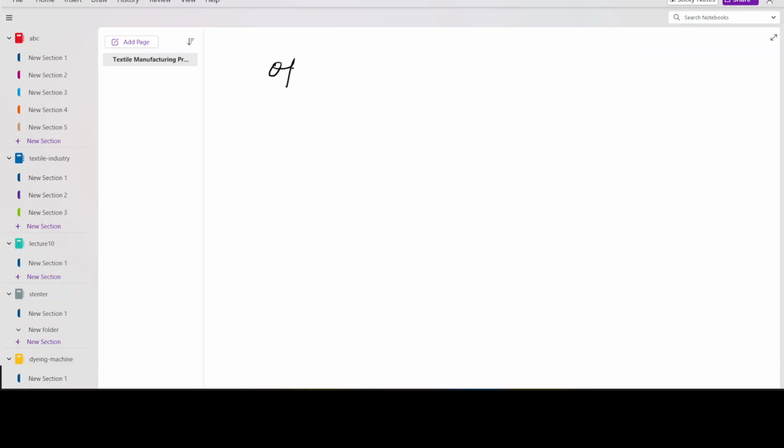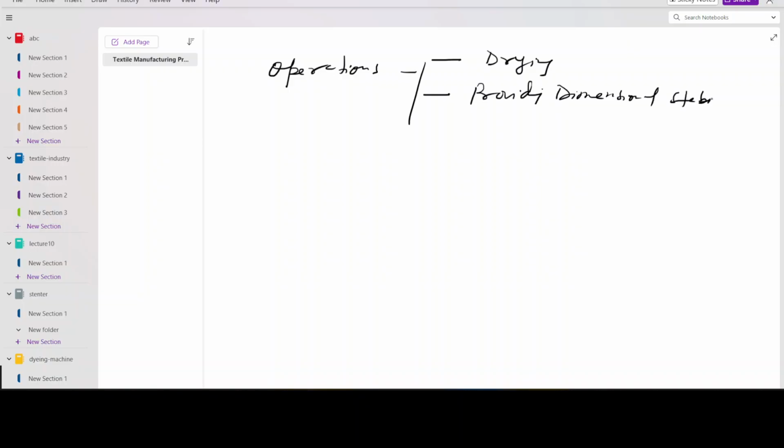There are four operations under finishing. One is drying, next is providing dimensional stability, another one is calendering, and finally softening. We will see these operations one by one.